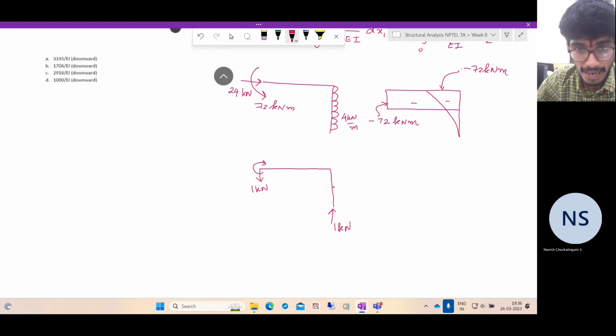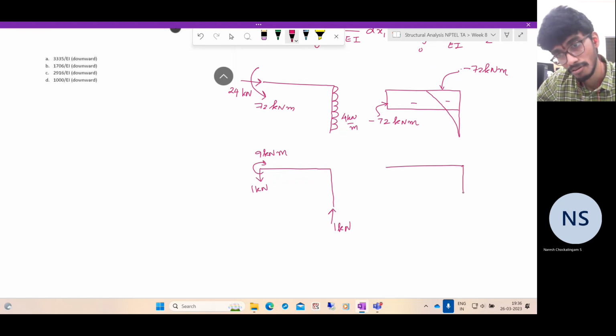Where does it act? The 1 kilonewton acts at 9 meters, so it is 9 kilonewton meters. And this member is not subjected to any bending because there's no shear force and there's no bending moment, so this is just 0. And here it increases from 0 to 9. It is positive.